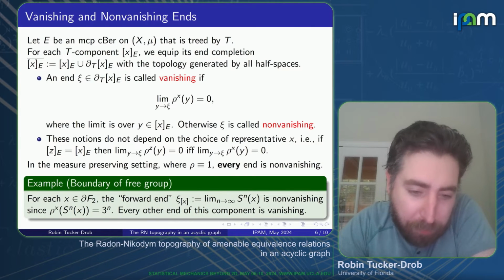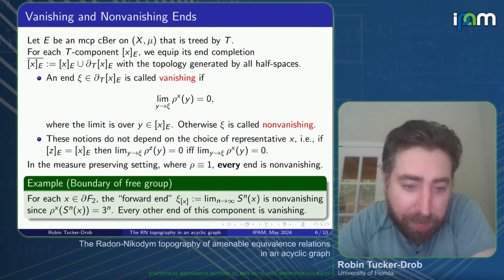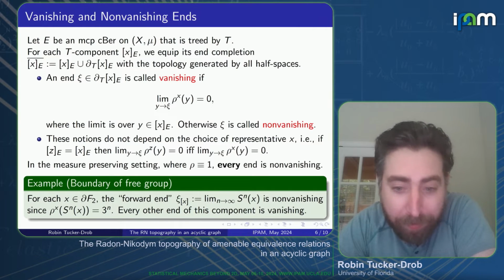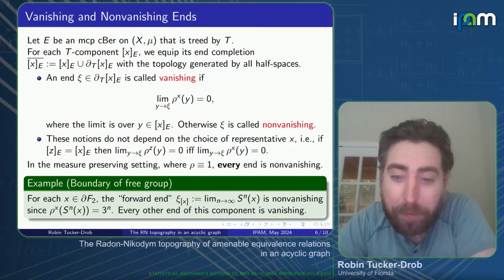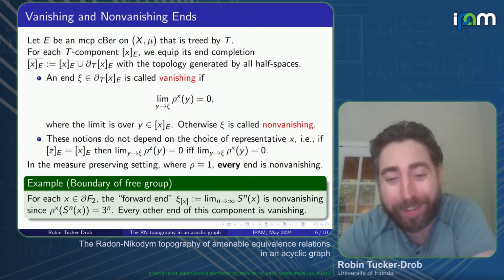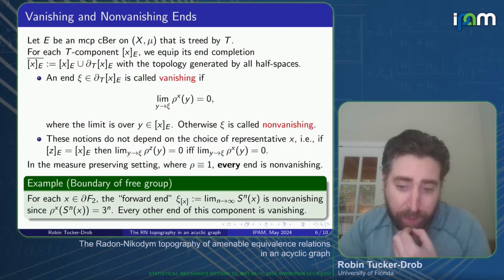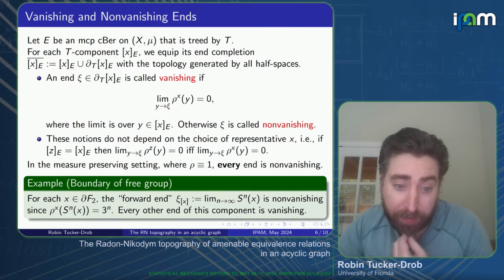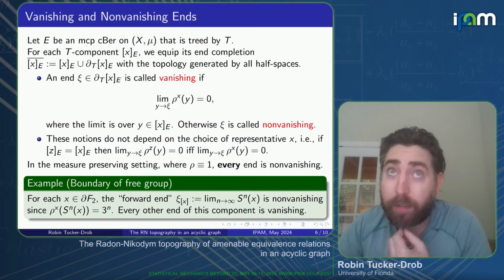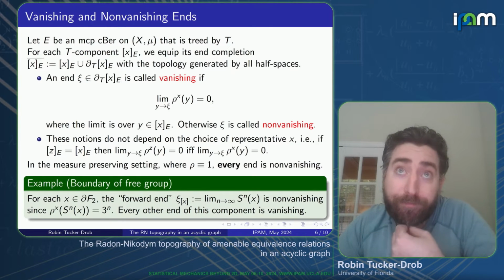And so then we know the cocycle there is equal to 3 to the m minus 1 million. So it's going to 0. We can make it as small as we want. So there's only one non-vanishing end over here.